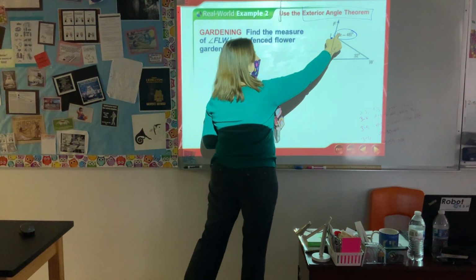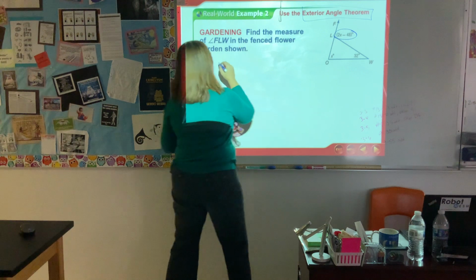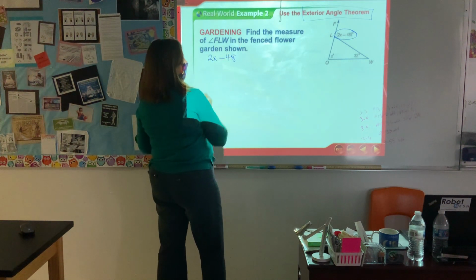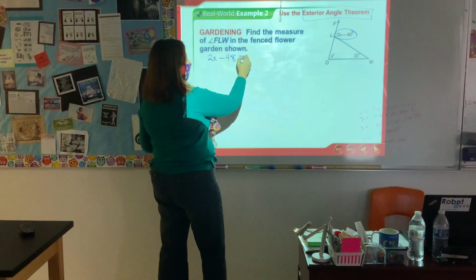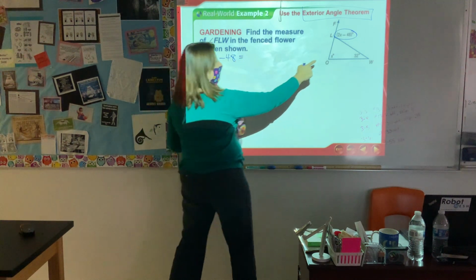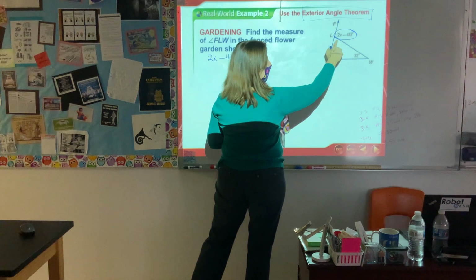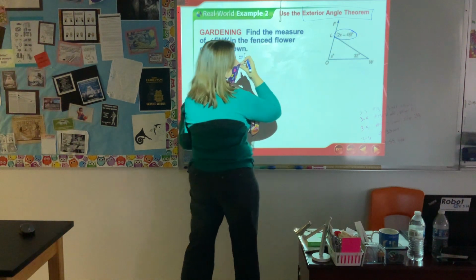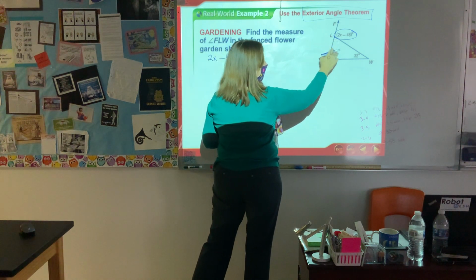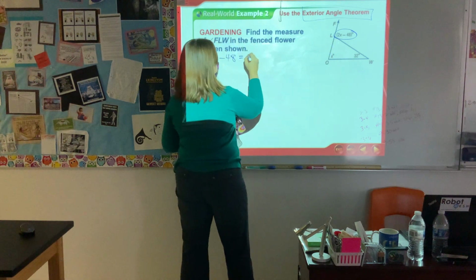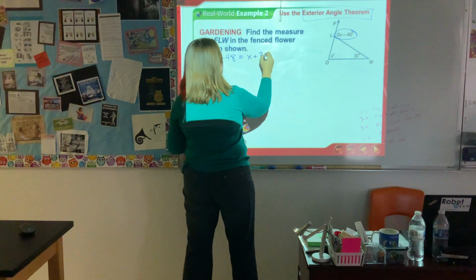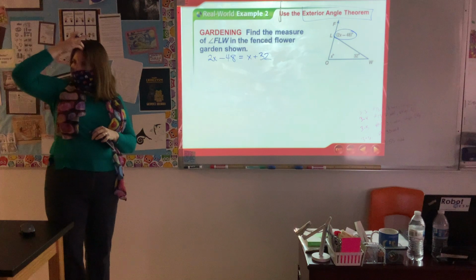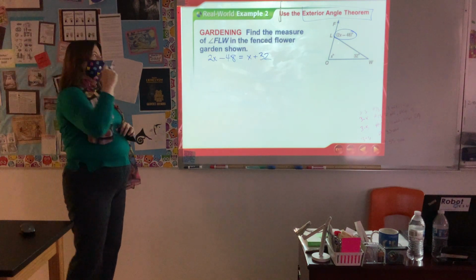That this exterior angle, which is given by 2x minus 48, is equal to what? These two interior angles that are opposite it. Not the supplementary one, but the other two. Is it as hard as it seemed when you first looked at it? No.